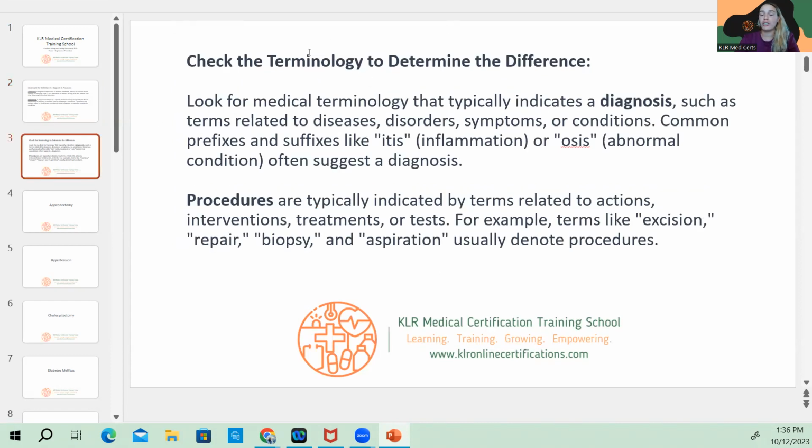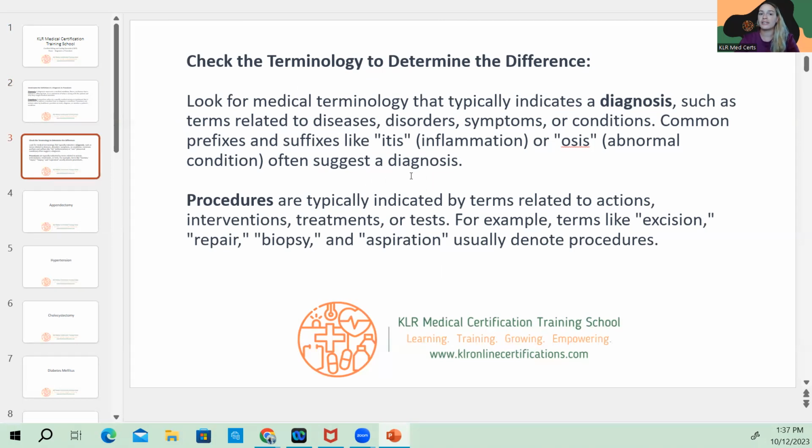We can check the terminology to determine the difference in a lot of these. We can look for medical terminology that typically indicates a diagnosis, such as terms related to diseases, disorders, symptoms, or conditions. Look at common prefixes and suffixes, such as itis, which means inflammation, or osis, which means abnormal condition.